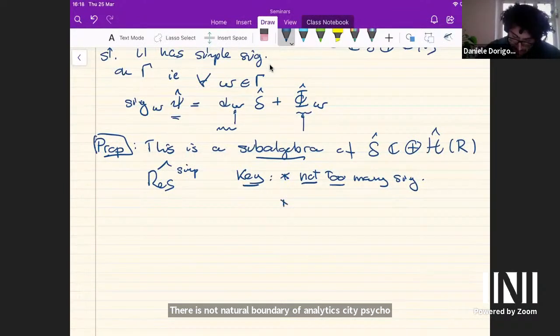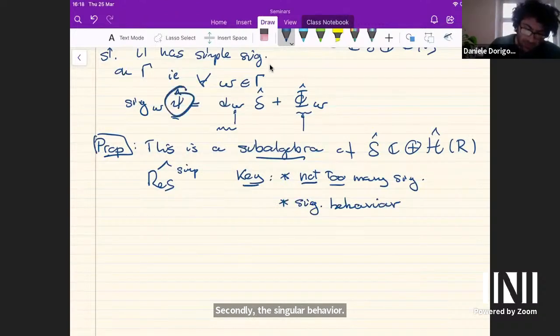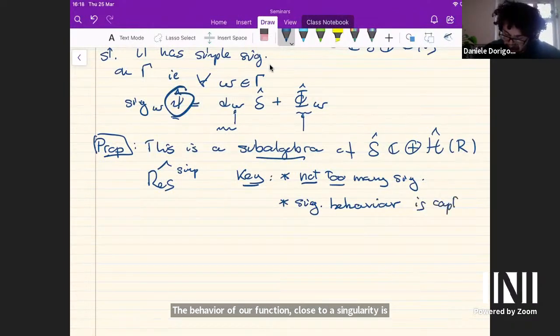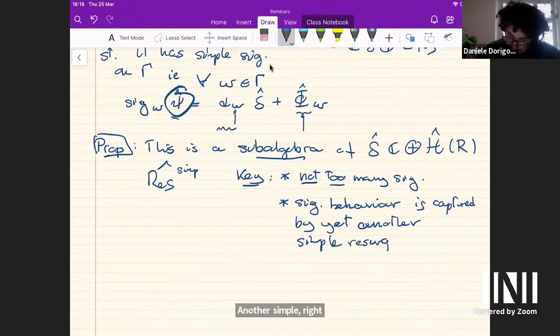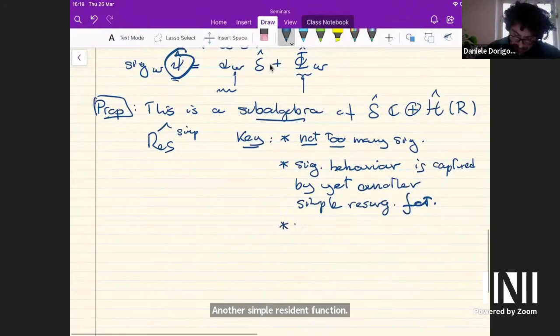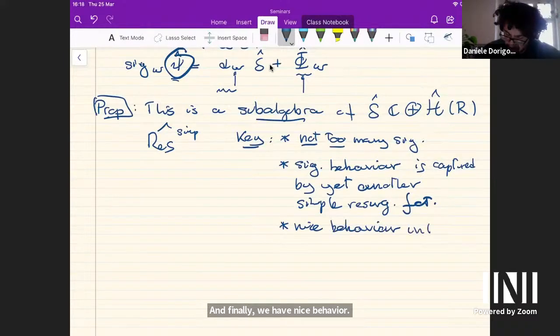Secondly, the behavior of our function close to a singularity is captured by, yet again, another simple resurgent function. And finally, we have nice behavior under some natural properties: convolution, composition, and so on.